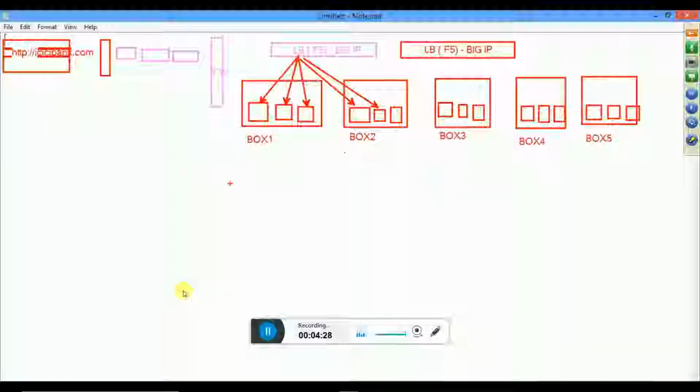Then you have, like this, let's say you have a box. Now in your environment, just say you have around 100 JVMs. Now when you have 100 JVMs, our general idea is, I'm going to draw the boxes like this.